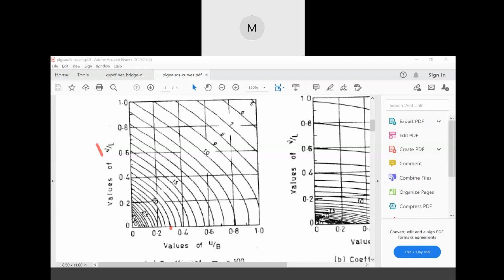Maybe here. Now, if you draw a parallel line from here, then you can see that these 2 points will merge in here, around here.